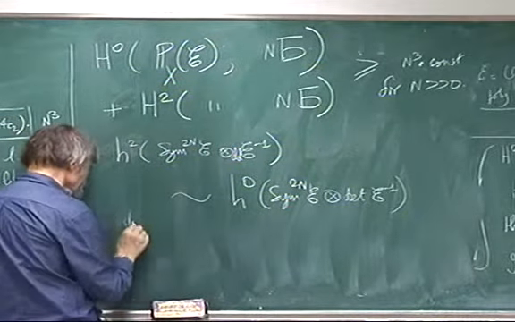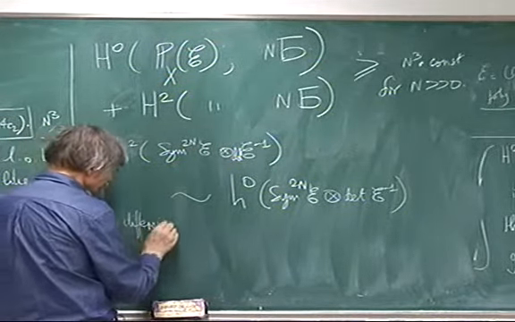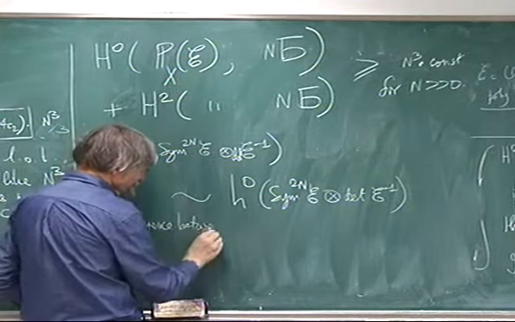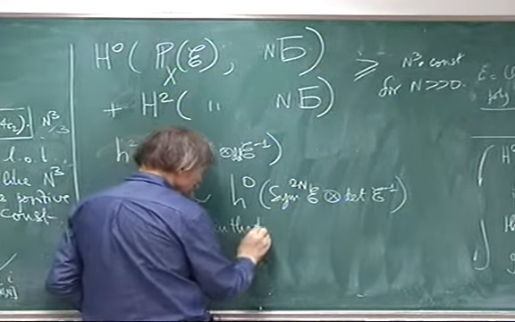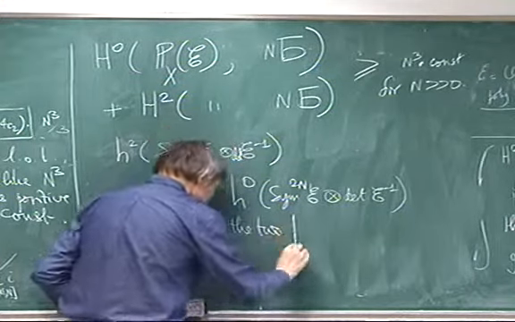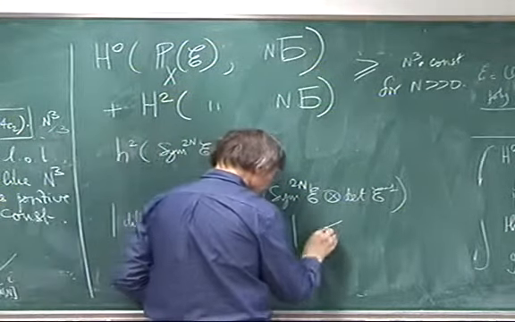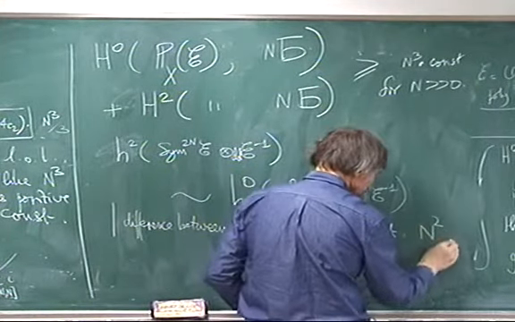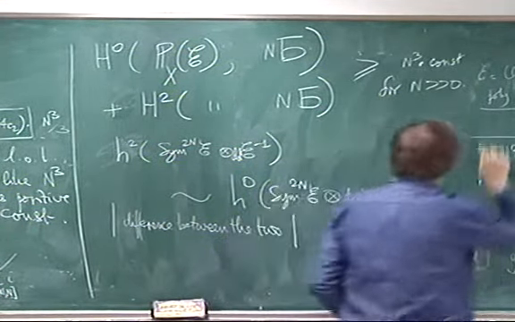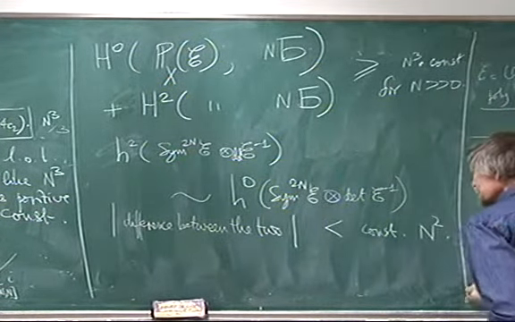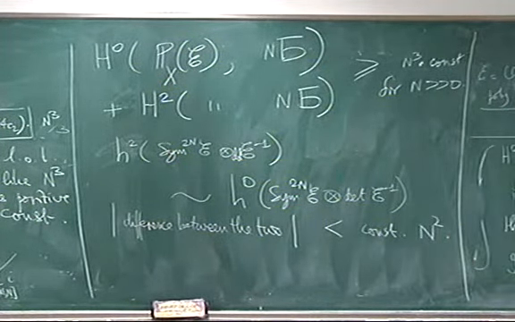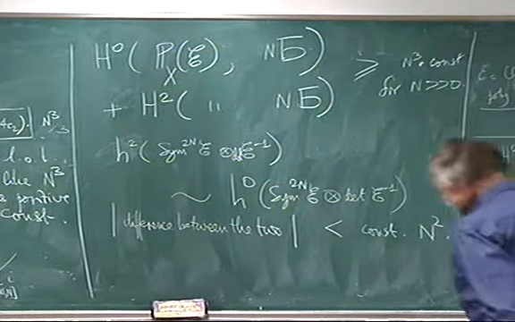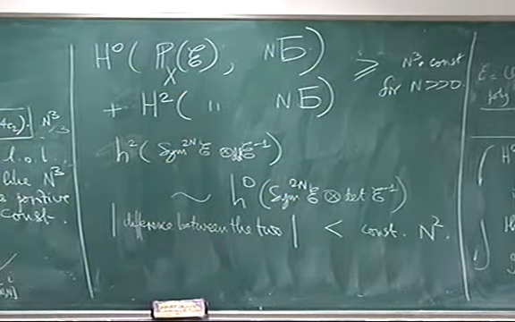I mean the difference between the two sides, in absolute value, is bounded by a constant times n squared. Okay, so this is powerful, but it's not very pretty. It's a sort of messy argument. I've thought about this over a very long period of time. There's some way of making this really clean, but I don't know.